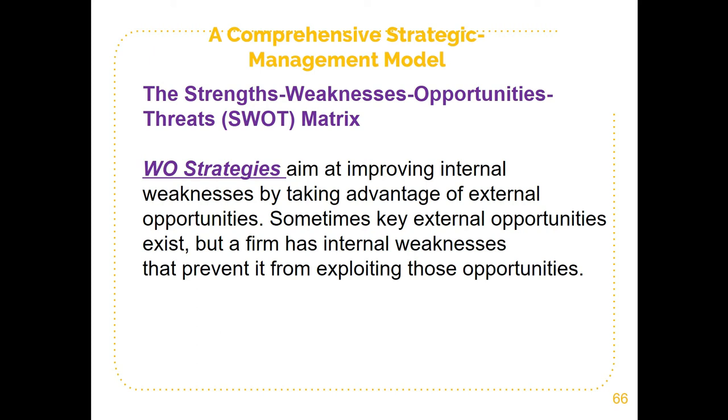So one possible WO strategy would be to acquire this technology by forming a joint venture with a firm having competency in this area. An alternative WO strategy would be to hire or train people with the required technical capabilities. So that is an example.